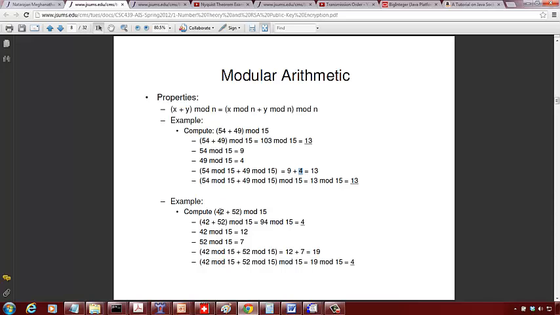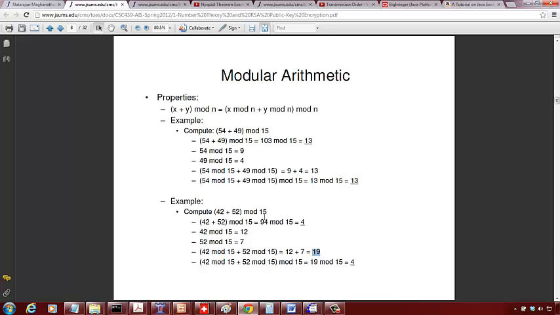But now let's take this example. When you do 42 plus 52 and you do a mod 15, 42 mod 15 is going to be 12, 52 mod 15 is going to be 7. So when you take this mod operator inside, it is now 42 mod 15 plus 52 mod 15, which is like 12 plus 7. So 12 plus 7 is 19, but 19 is greater than 14.